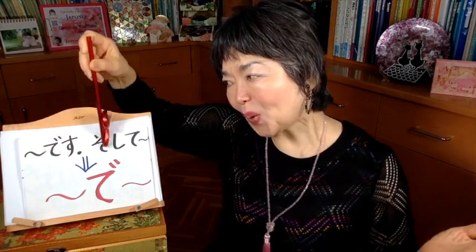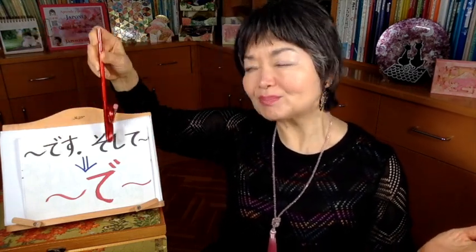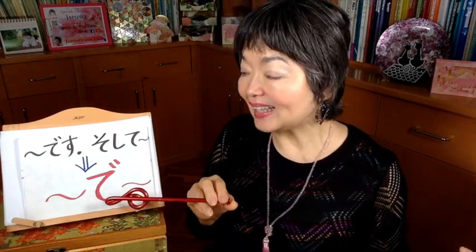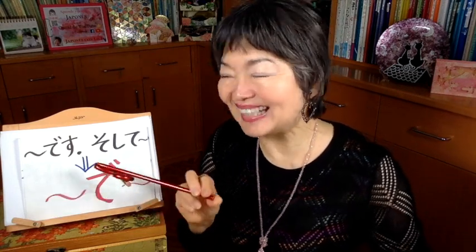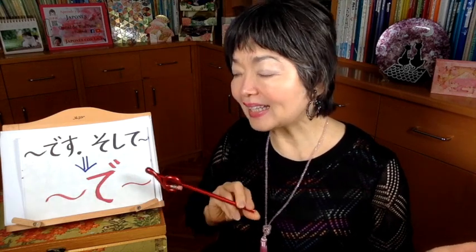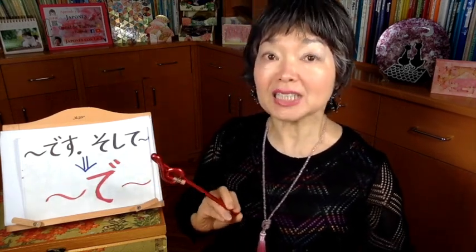We don't have to say all of this です。そして but only で. It means みゆきさんはきれいで親切です。みゆき is beautiful and kind. So much easier when we want to say two adjectives using this part.